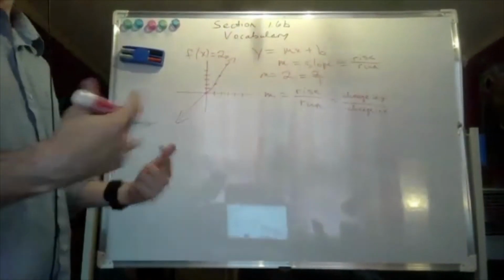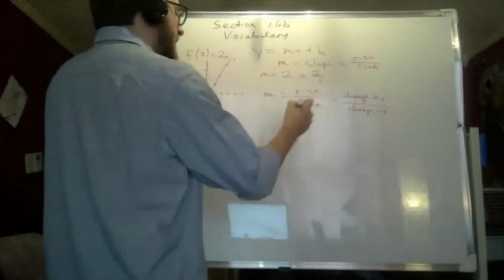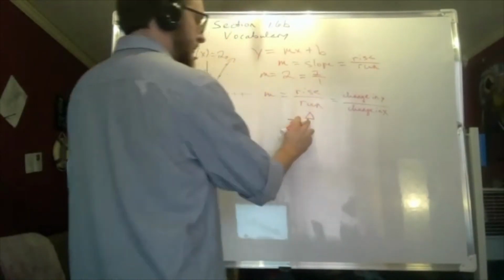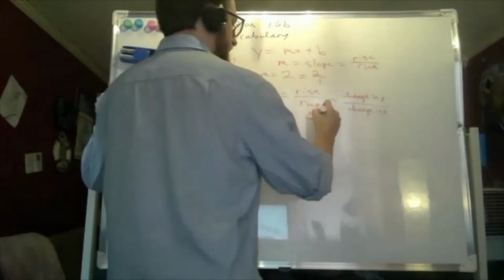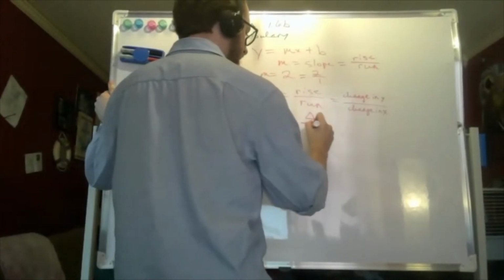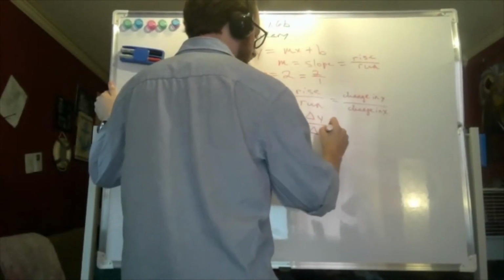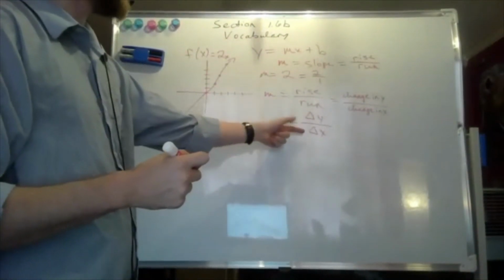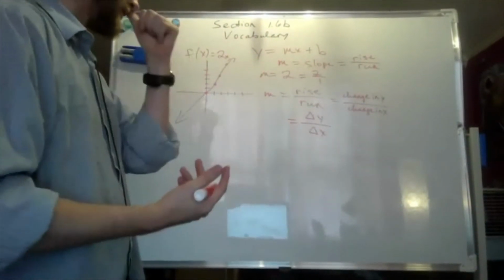Now, because it becomes a headache to write "change in" over and over again, mathematically we just write this as delta. That's what this triangle is. Delta y divided by delta x. And this just represents change in y divided by change in x.